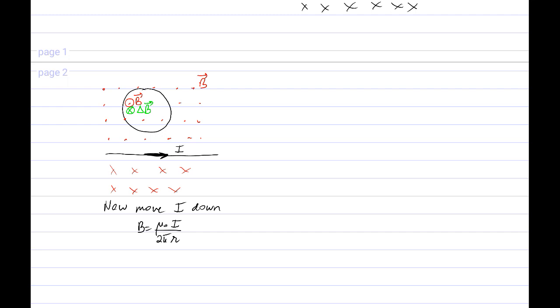The loop itself does not like the change, so it will induce a magnetic field that opposes that change, in the opposite direction of the change. So coming out of the page. Which means that the induced current will be given by the second right-hand rule.